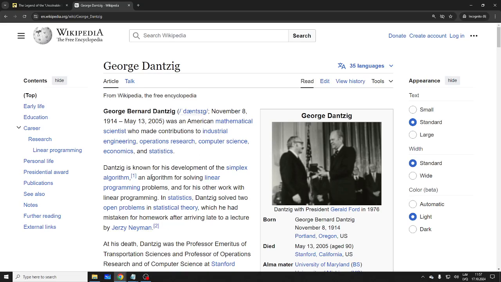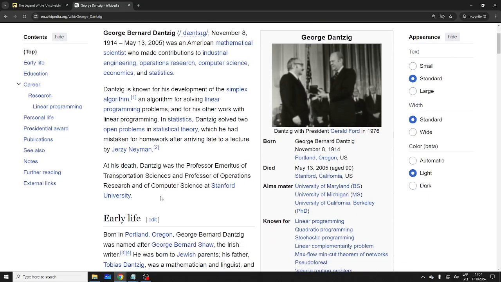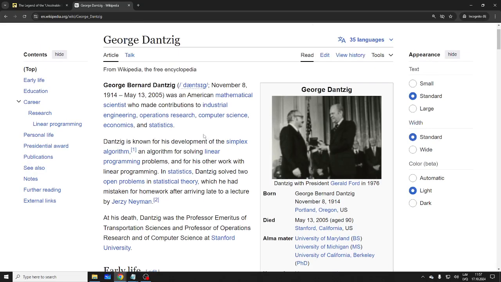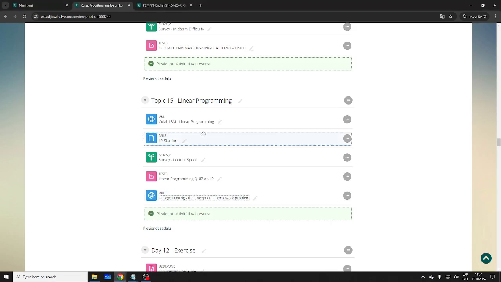The simplex algorithm is what we're talking about now for linear programming, but he also did a lot of other statistical work. He was not a programmer. He was at Stanford University and so on. Sometimes it helps not to know that the problem is hard, and it doesn't limit you.